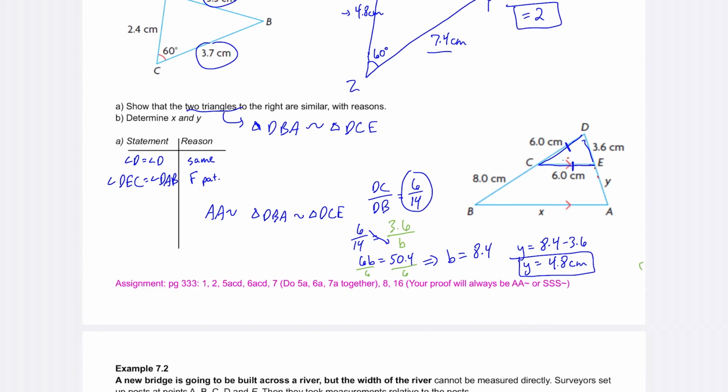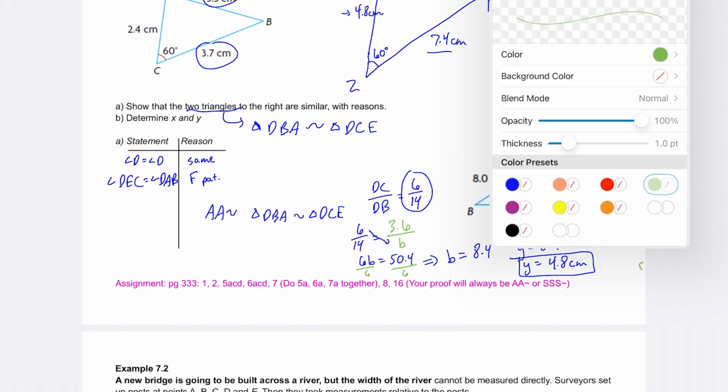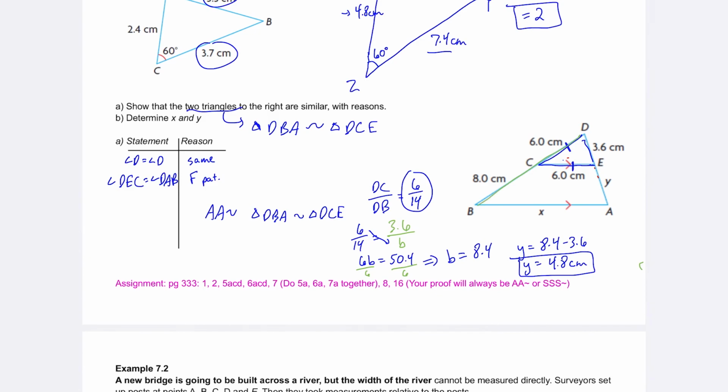That's an isosceles triangle, which tells us that when we're looking at the outside length here, this is equal to this length right there. So this we know is 14 centimeters, which means that x equals 14 centimeters. And there you go, we got x and we have y. And so this is how we solve similar triangles.